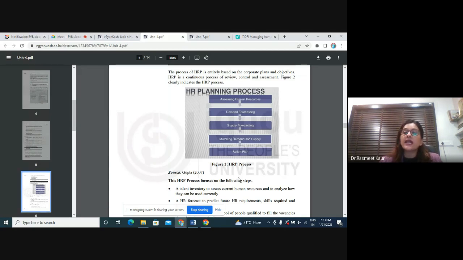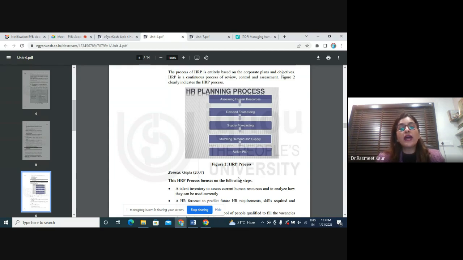So when you understand, suppose if I talk about certain jobs, you might be knowing that certain jobs of IT, information technology, they are highly demanded. But if you go for looking at the supply of the HR, which is having the knowledge, skill, and ability to do various kinds of jobs in IT, it may be either in excess or it may be in shortage.